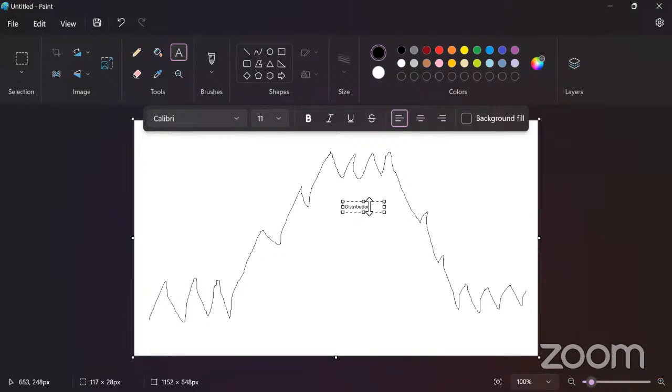So here's distribution. Then we have this over here being accumulation. Then is an uptrend.